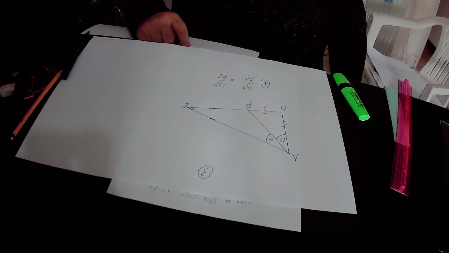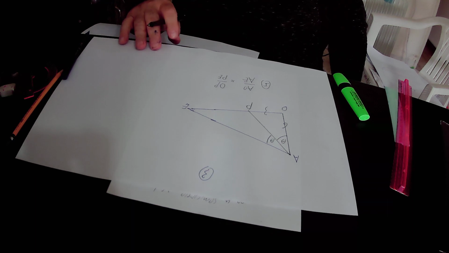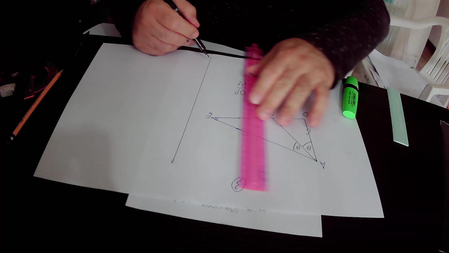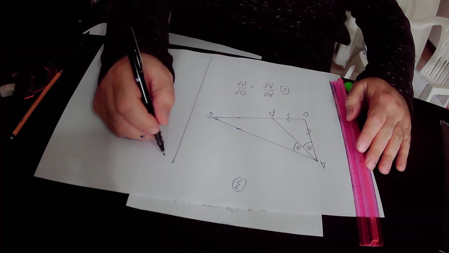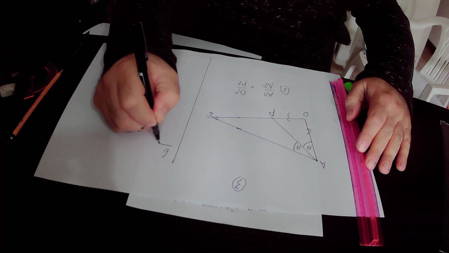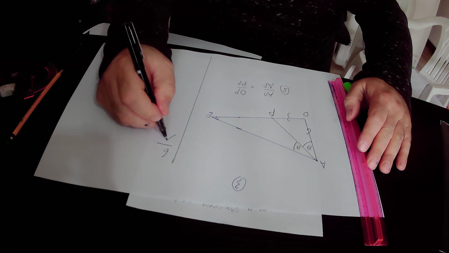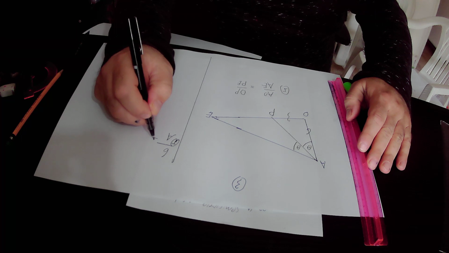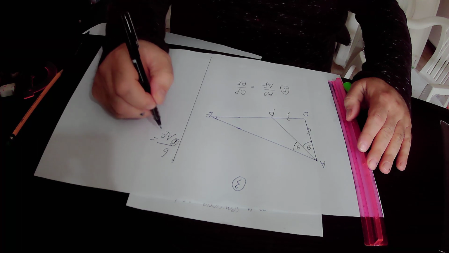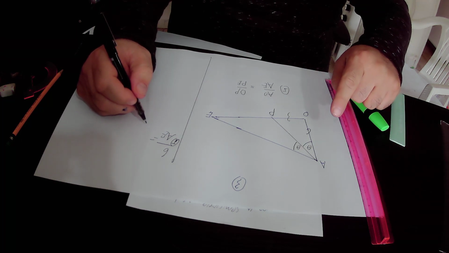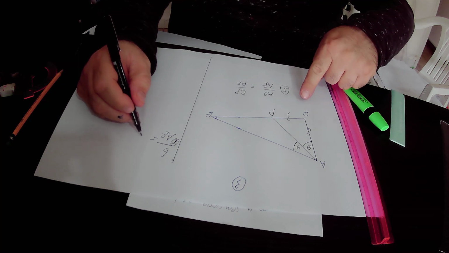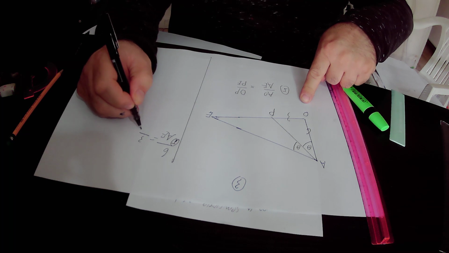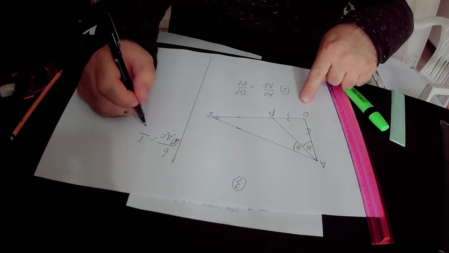According to the angle bisector theorem, here AO equals 6 units, AE is AE, and this is equal to OP, that is 3 units, over PE.